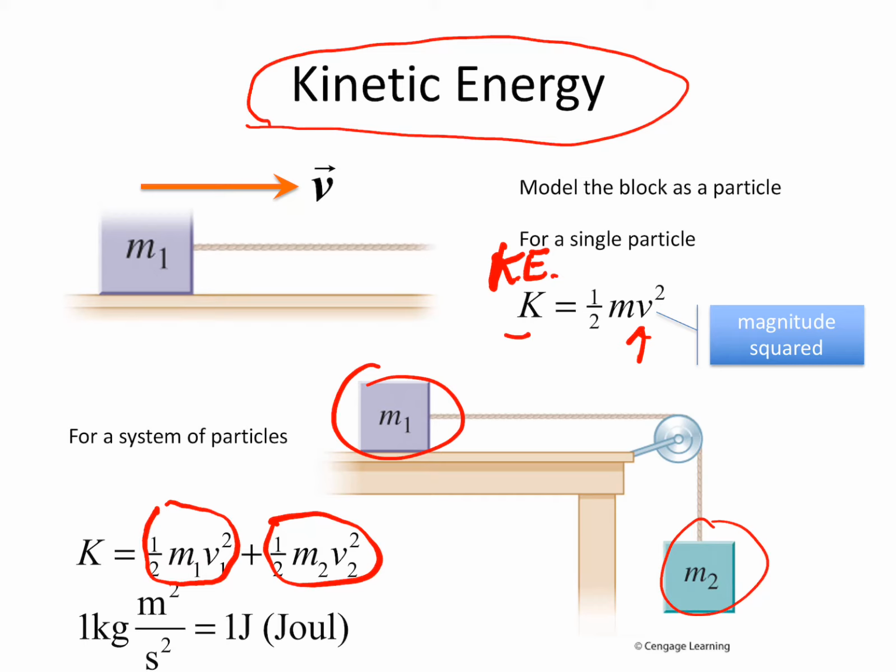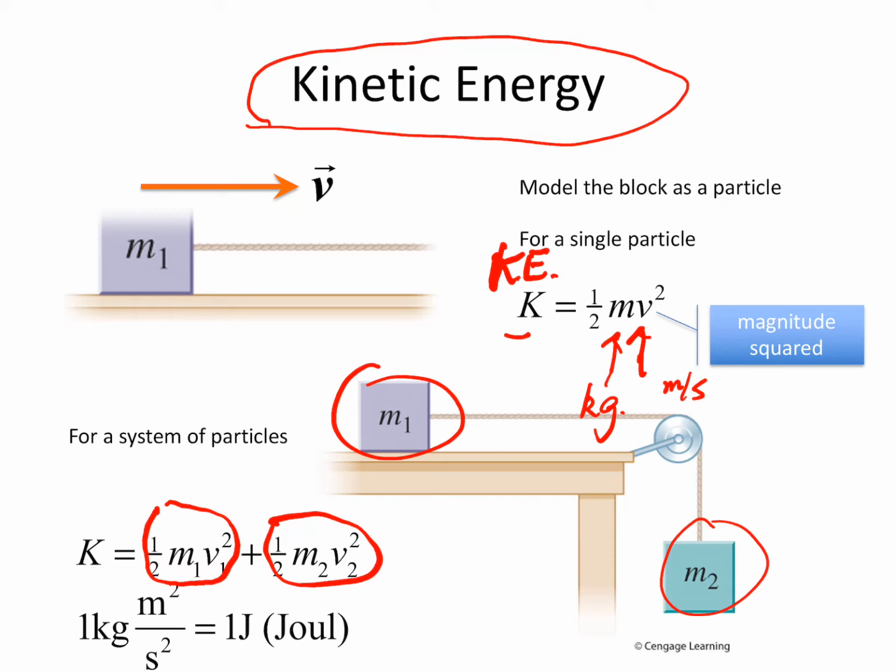Now, because it's 1/2 mv squared, and the unit for m is kilogram, and the unit for speed is meter per second, speed squared is meter squared per second squared. So the unit for energy in SI units is kilogram meter squared per second squared.